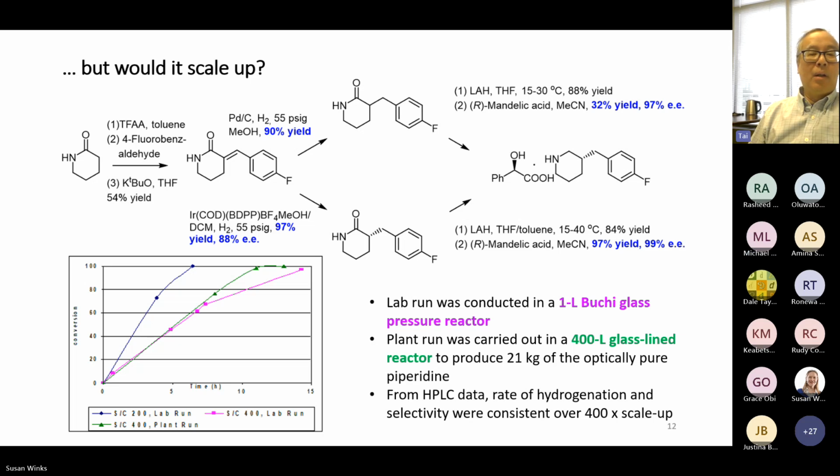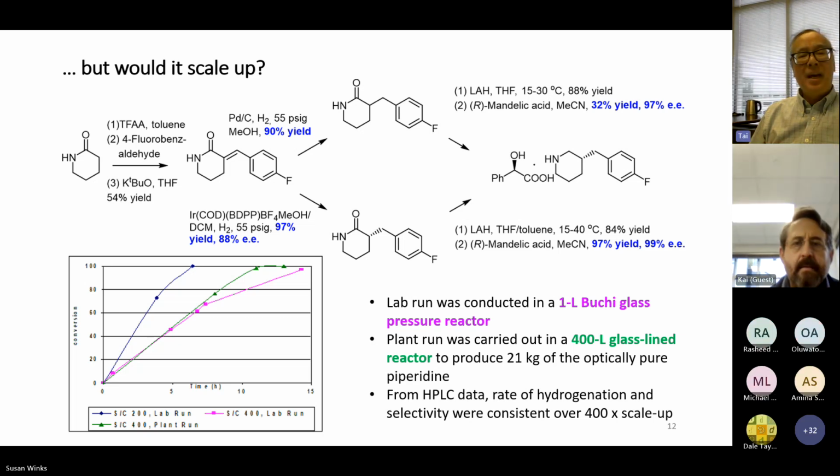So, we did a lot of optimization work. If you look at the chart, the bottom half of the chart shows, if we use this iridium catalyst, we are able to get 88% EE just off the hydrogenation.